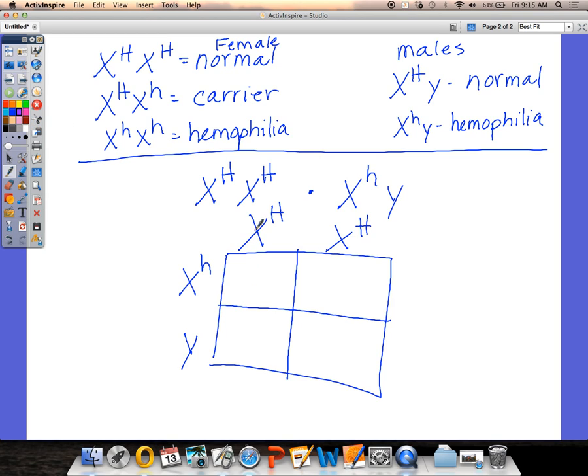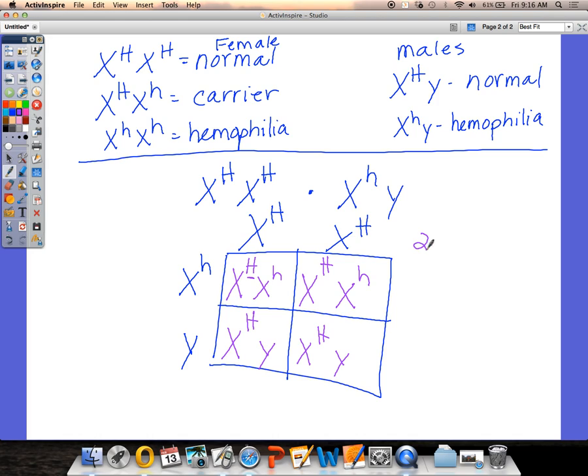We bring our X down, so we get X capital H, X little h, because our capital H comes first. Then X capital H, X little h again, and X capital H, Y comes across, and X capital H, Y again.